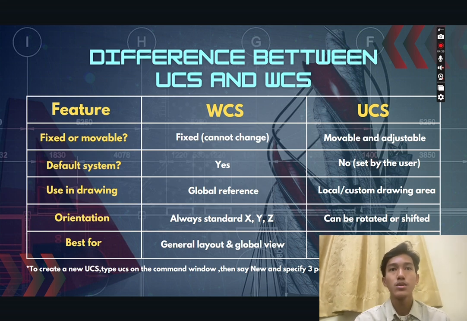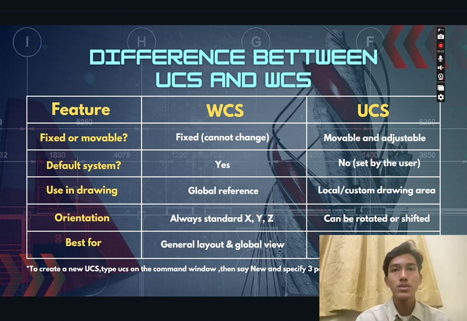WCS is used in drawing for global reference, but UCS is used for local and custom drawing areas. The orientation of WCS is always standard XYZ, but UCS can be rotated and shifted. So WCS is best for general layout and global view, and UCS is best for detail and angle work.